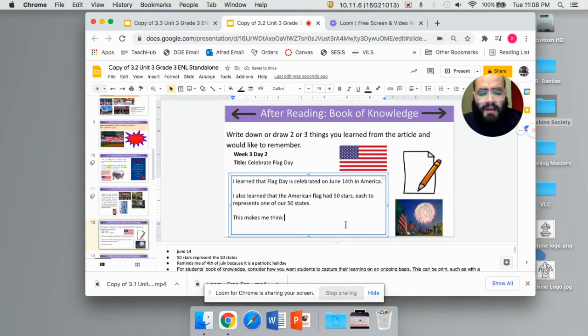This makes me think of the 4th of July, which is Independence Day, because it is also a patriotic holiday. And something that is patriotic is something that shows pride in one's country. So July 4th and Flag Day are both very patriotic holidays.